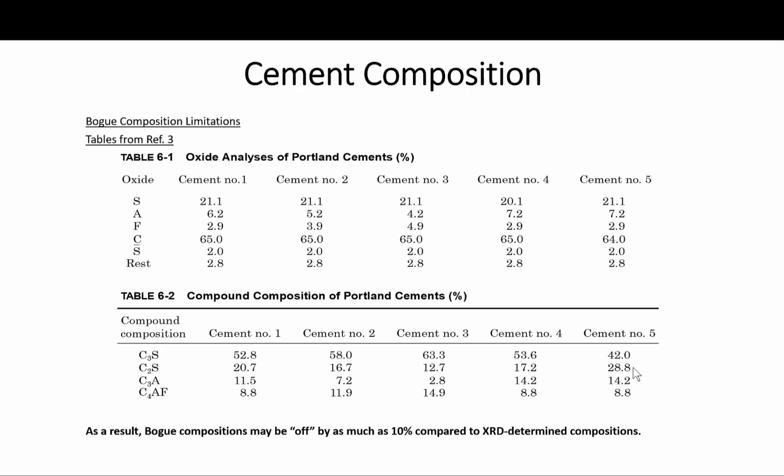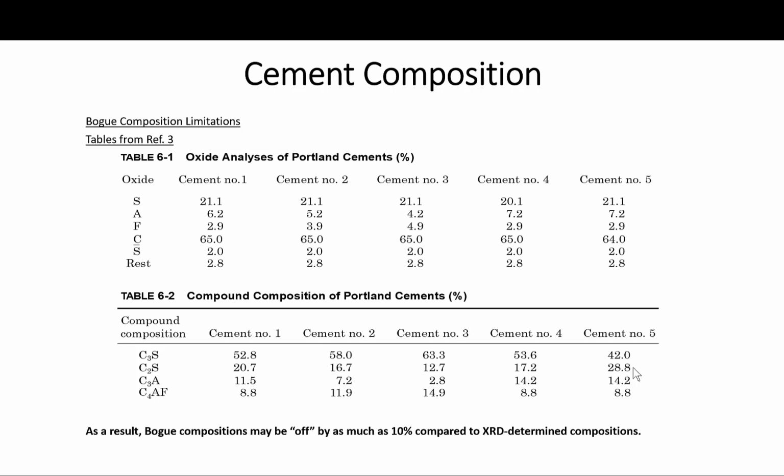This is why the computed compound composition by the Bogue equations is referred to as the potential compound composition. Potential, not true 100%. Because properties of Portland cements are influenced by the proportion and the type of compound present, the Bogue equations serve a useful purpose by offering an easy method of providing a first estimate of the compound composition of the Portland cement from oxide analysis.